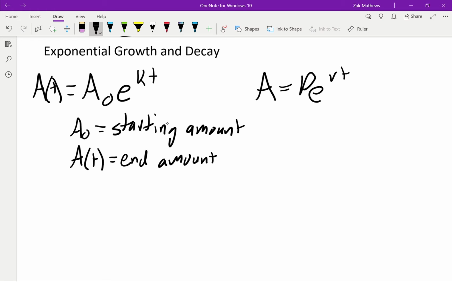The e's are the same, and then we have this kt exponent, very similar to the rt. The k is the rate, and then the t is the time. I'm not going to go into a ton of detail on why we use k, but this is because many populations grow on what we call a K population growth pattern.